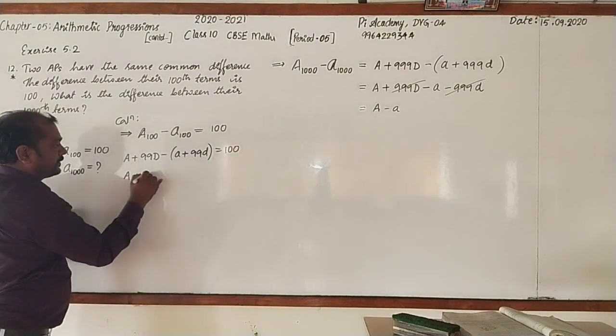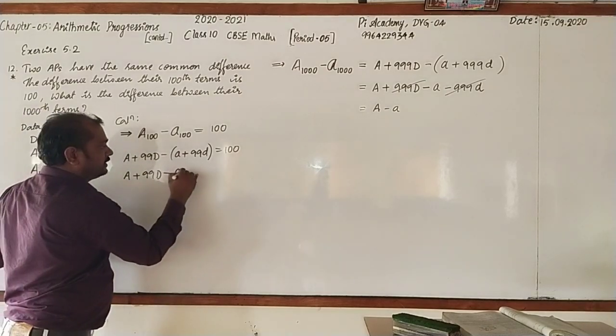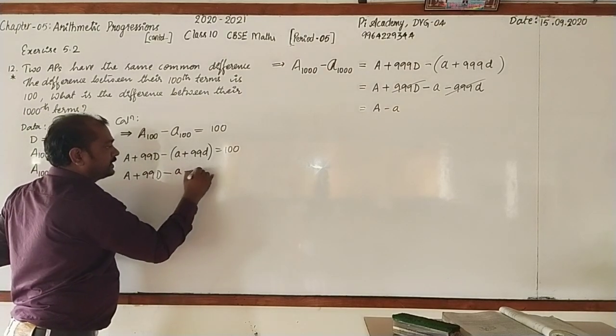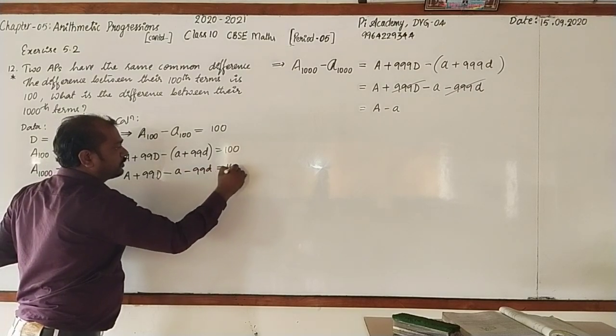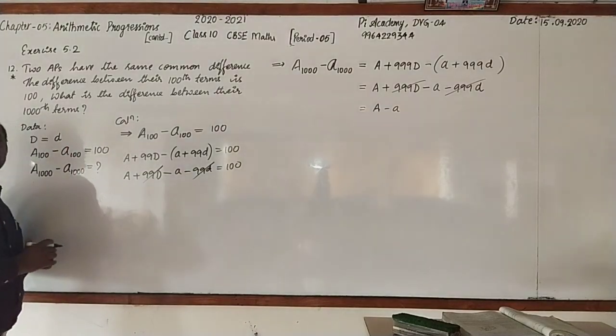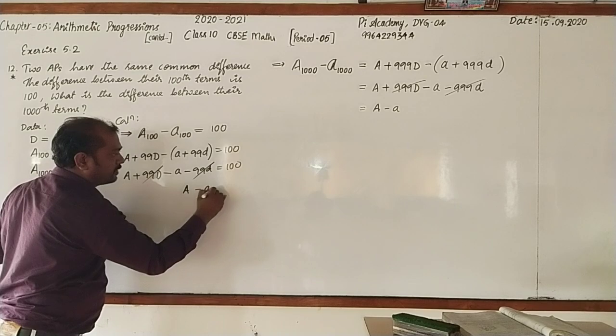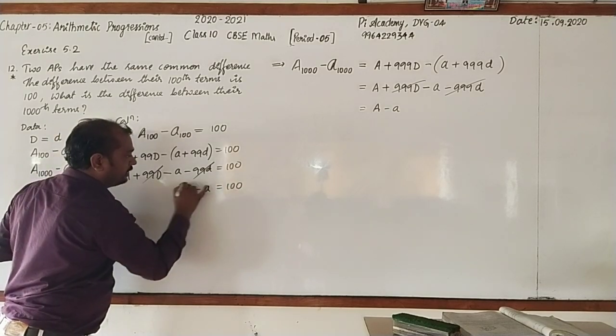Then a plus 99d minus a minus 99d is equal to 100. We know that common differences are same, hence these two terms get cancelled. Remaining capital A minus small a is equal to 100.